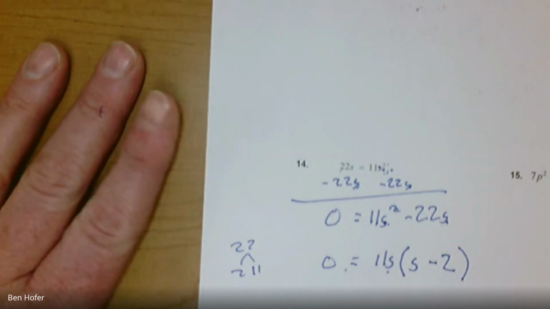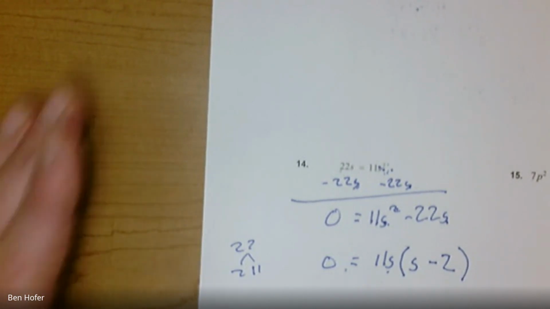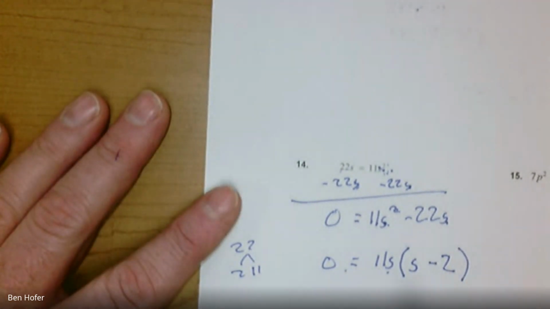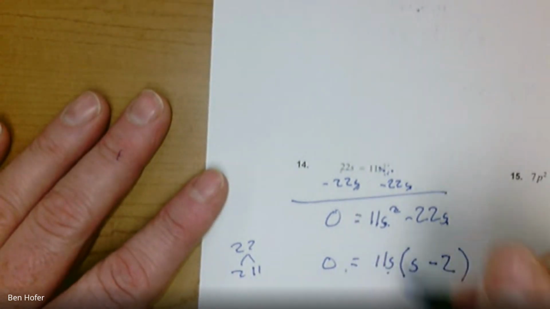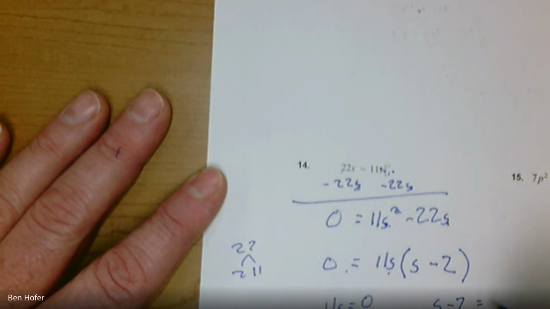Now I have everything other than the 0 on one side. I have factored everything on the right side, and now I'm going to split at the parentheses and say 11s can be 0, or s minus 2 could also be 0. And then I solve both of these for s.